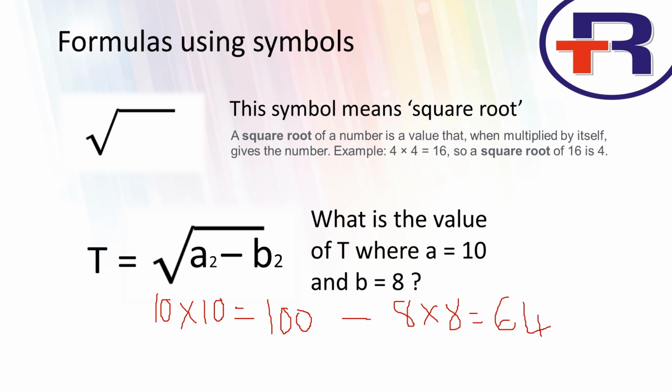So now we've got that t is equal to the square root of 100 minus 64. 100 minus 64 is 36. Square root of 36 is 6. T equals 6. 6 times 6 is 36.